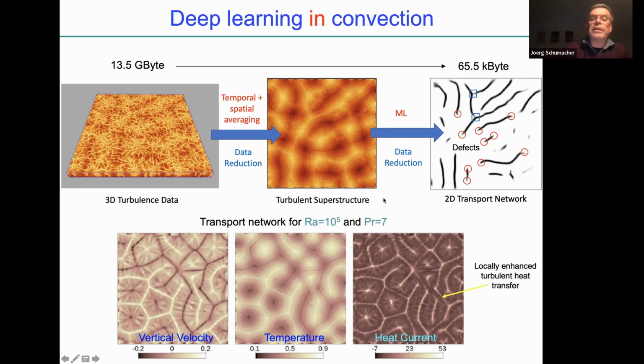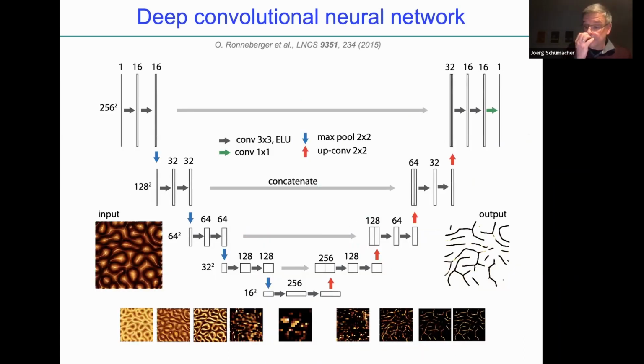And if you apply now a classification algorithm, you can reduce this indeed to such a network structure in which we have trisectors and wedge points, so-called defects. And then you can study the dynamics of this network, and you can try to quantify the importance of these structures for the overall heat transfer.